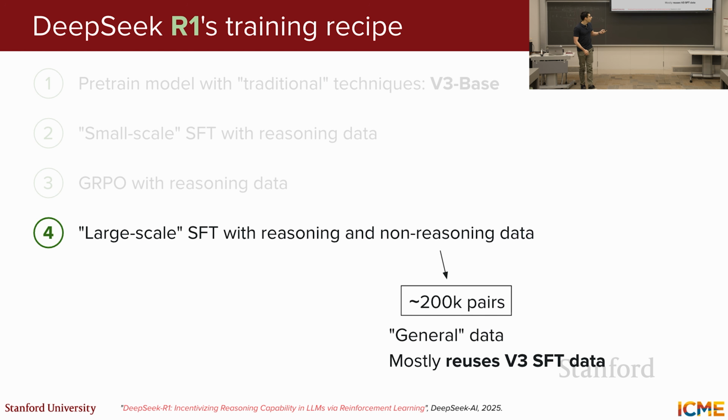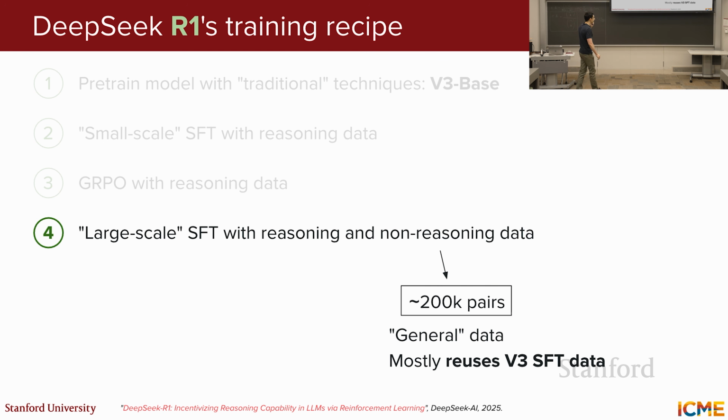And regarding non-reasoning data, they recycled some of the data that was used for their non-reasoning version of the model, V3. So about 200K pairs, and it covers the domains that we have mentioned during the instruction tuning lecture, so like a broad array of topics.